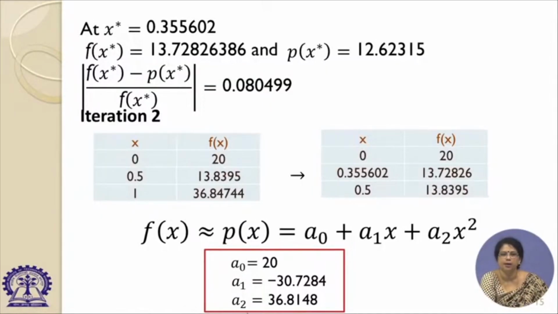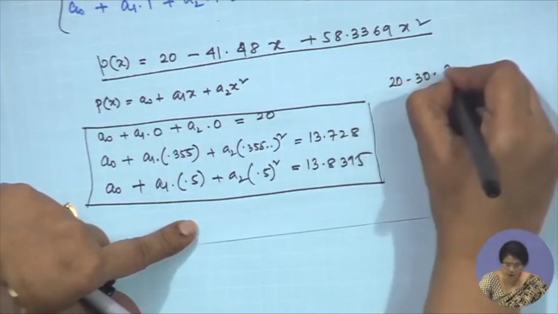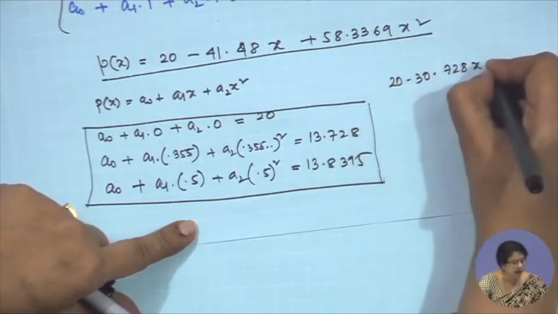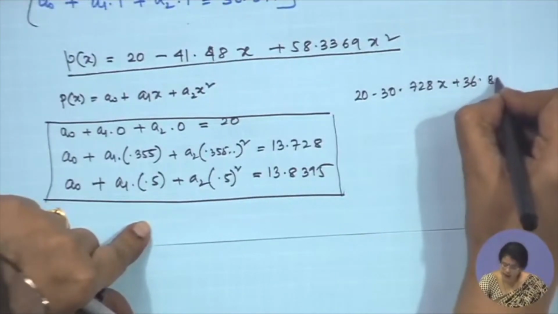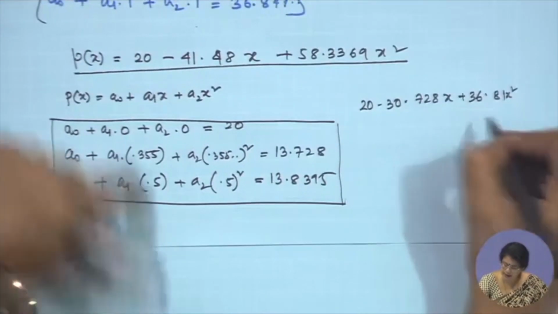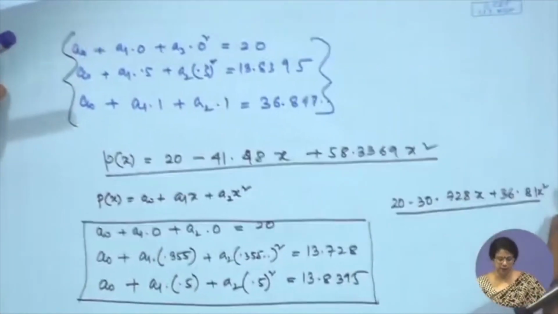That means we are getting another polynomial. What is that polynomial? The polynomial is 20 minus 30.728x plus 36.81x square. Let us see whether this polynomial is fitting the function or not.